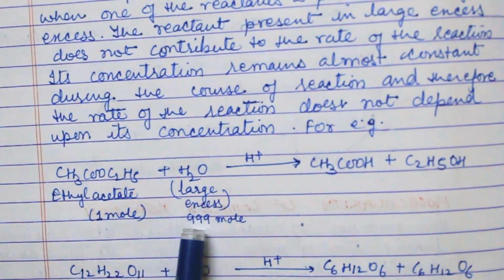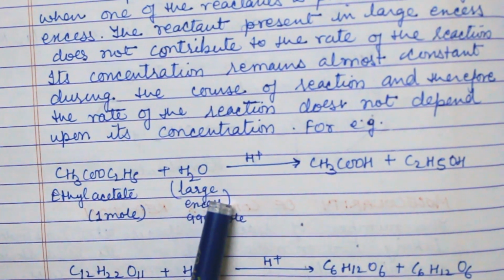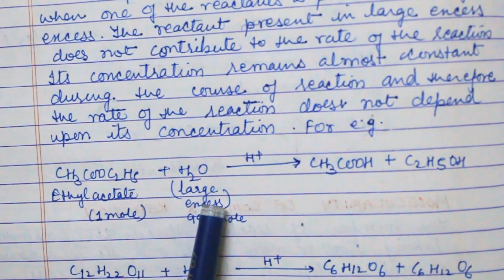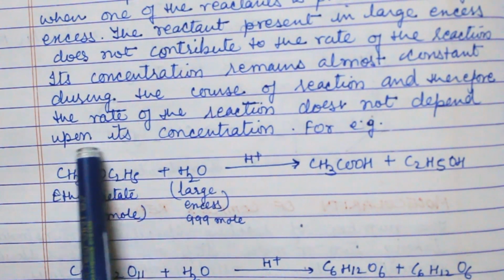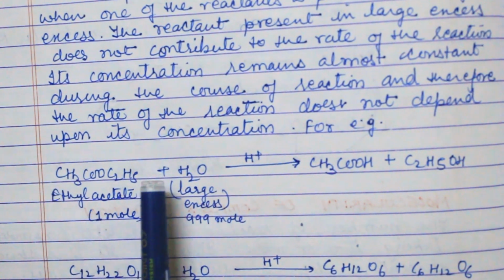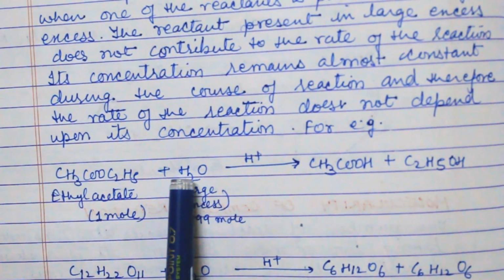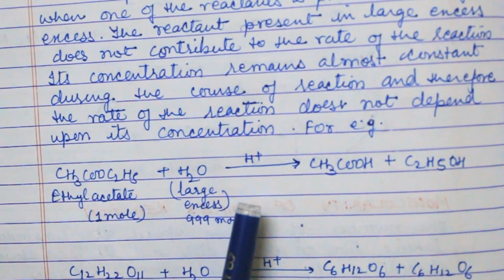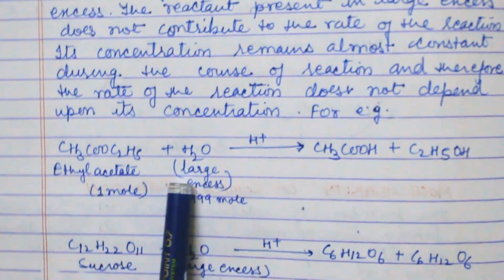For example, 999 moles of water in which 1 mole of acetate gets dissolved. So this is a very small amount and this is in the excess amount. So the molecularity is 2, but the order is not 2, the order is 1. The first order reaction is there because water is in excess in amount.